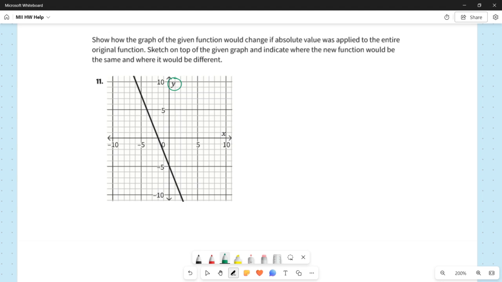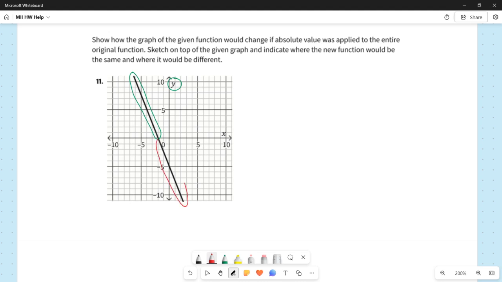So nothing really changes when you apply the absolute value to a positive result. Where it is going to change is where y is negative, because when you apply absolute value to a negative, it becomes positive. So this piece right here is not going to change, because the absolute value of all of those results is already positive, or it's going to stay positive.